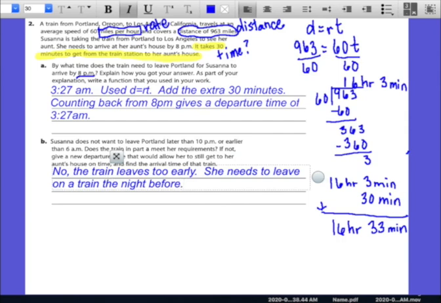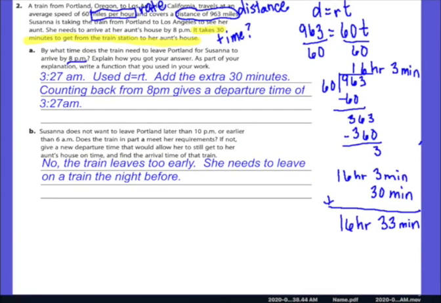So now we need to think through how we are going to find out the arrival time of this new train. We know that she needs to leave at 10 p.m. And if I think about the time for the train, it still has to be 16 hours and 3 minutes.